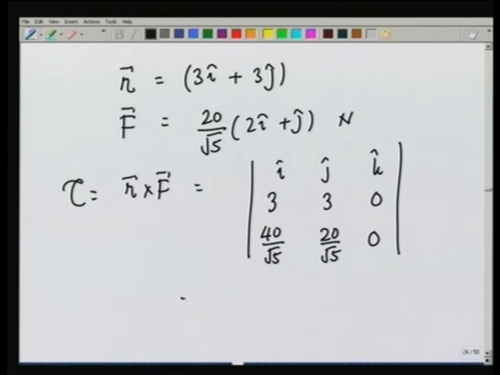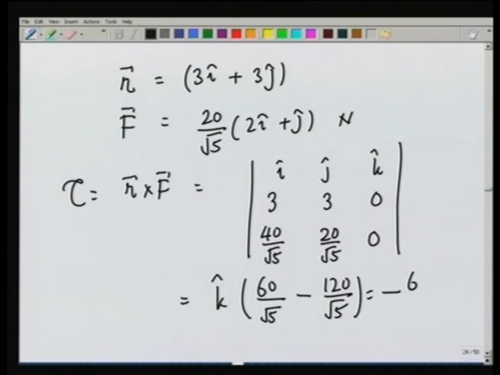Again it gives only a non-zero component in the k direction, which is equal to 60 over root 5 minus 120 over root 5, which is minus 60 over root 5 k.